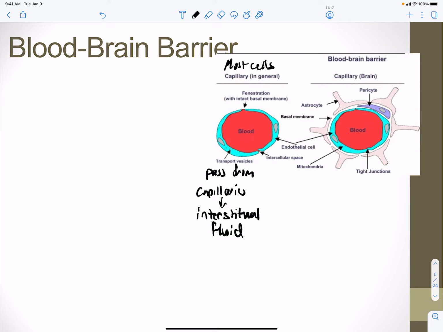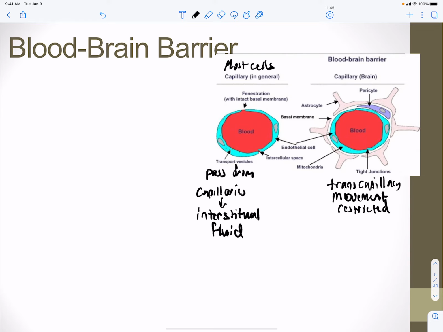Now, of course, we talked about the leakiness of your liver, so that's a unique site. But the brain has what's called a transcapillary movement of substrates, and this transcapillary movement is going to be restricted. And so this is called the blood-brain barrier.